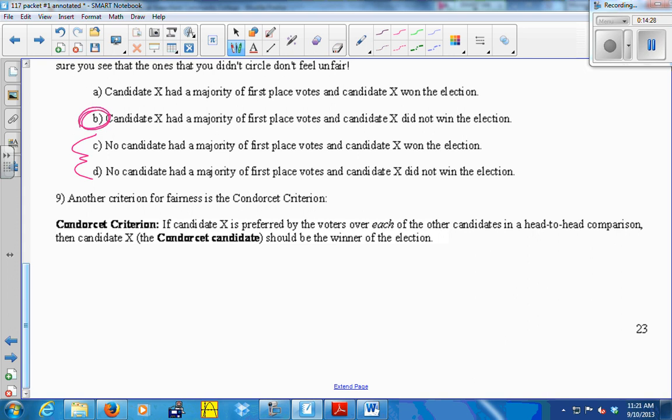Okay, so it says if candidate X is preferred by the voters over each of the other candidates in a head-to-head comparison, then candidate X should be the winner. So this is like the pairwise comparisons method, and it says that if there's a candidate who wins all of their head-to-head matchups, right, an undefeated candidate, then they should win the election.